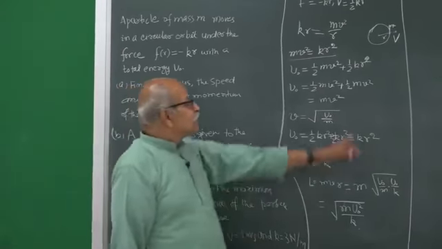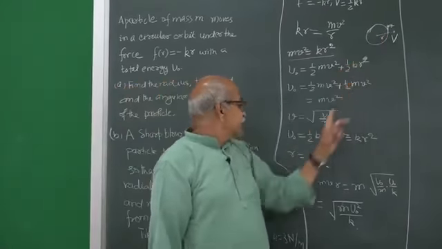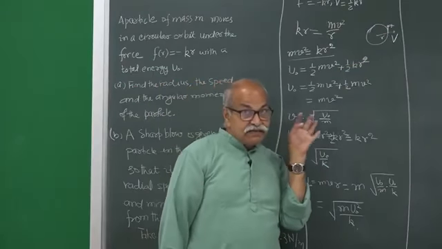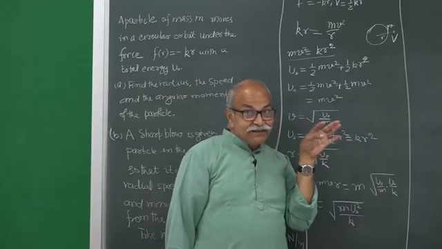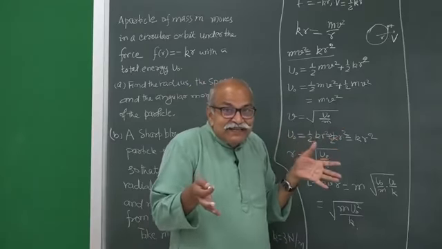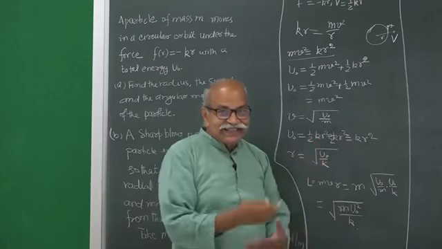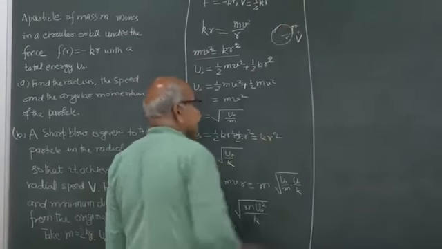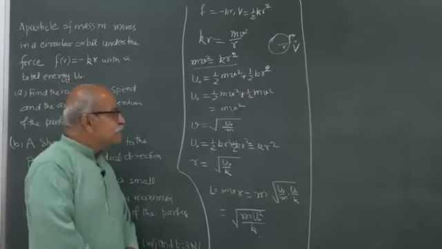So, originally the particle was at this distance given by this equation, but now that you have given extra energy the particle will not go on a circle, but it will remain in the vicinity of the circle. So, we have to find the minimum and maximum distance from the origin. How do we do that?